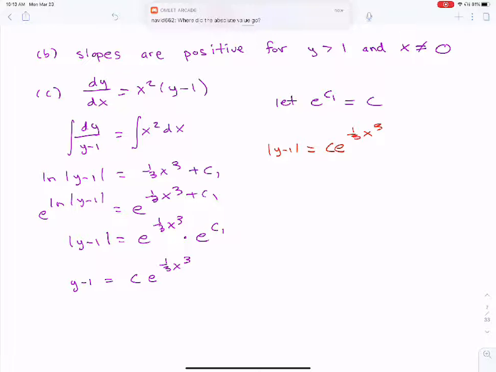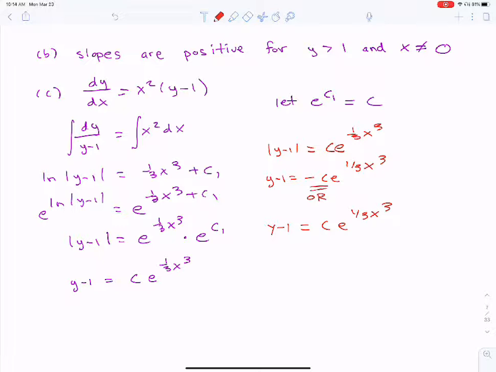I want to remind you that when we break this up, normally, if I were to solve this equation, what I would get is y minus 1 equals negative c e to the 1/3 x cubed, or y minus 1 equals positive c e to the 1/3 x cubed.